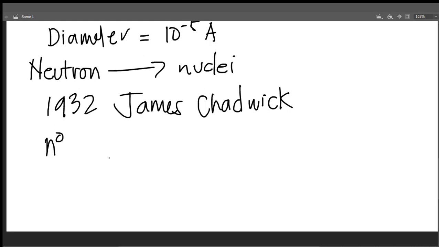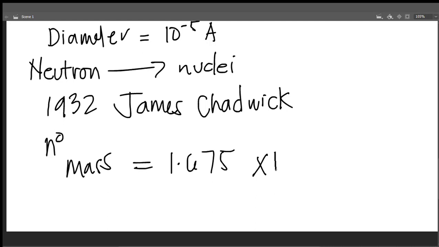Of course, neutron has mass also, which is the same mass as proton. Its mass is equal to 1.675 times 10 raised to negative 24 grams, which is equivalent to 1 AMU.